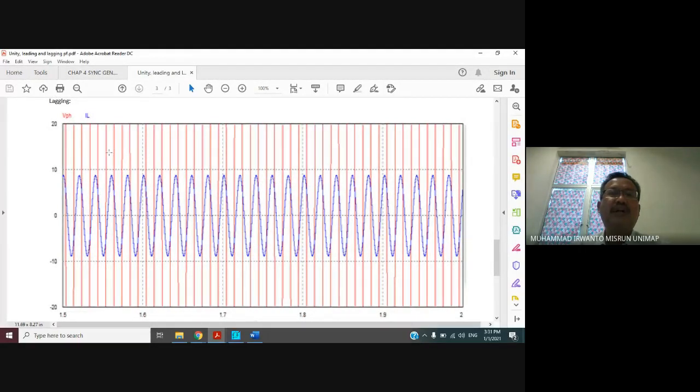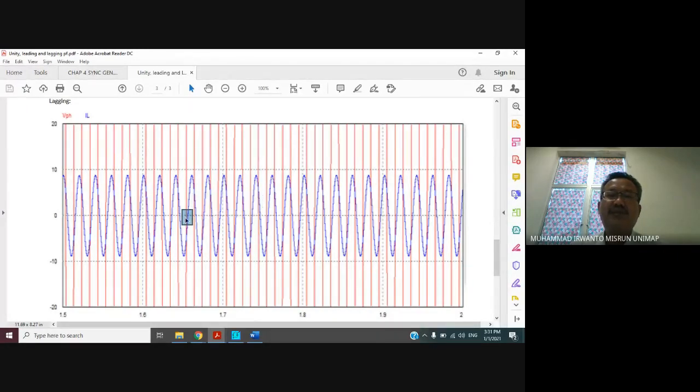The red line is the voltage and the blue waveform is the current. Please observe this one, for example, where this is the surface of the water and this is the time axis.